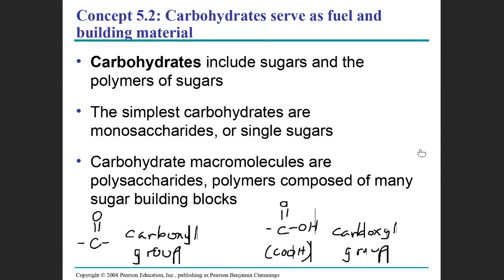Mono means one, saccharide means sugar. So these are the single sugars, the simple sugars. They're just one component. Those monosaccharides can be joined together to form larger saccharides. If you combine two monosaccharides together, you get a disaccharide. If you combine a lot of monosaccharides together, you get a polysaccharide.